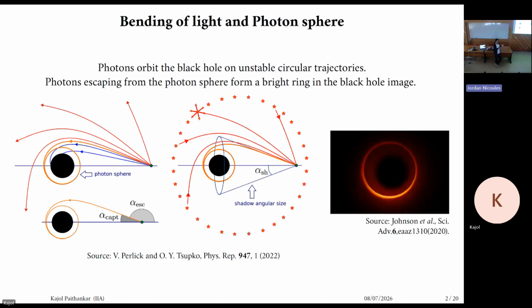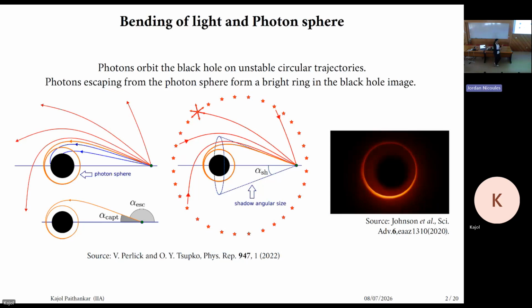That particular radius separates the rays that fall inside the black hole from the rays that bend around, say 1 time, 2 times, making n loops, and then come out so that we can observe them. This critical curve defines the angular size of the central dark patch in the image of the black hole, and we call it the black hole shadow.